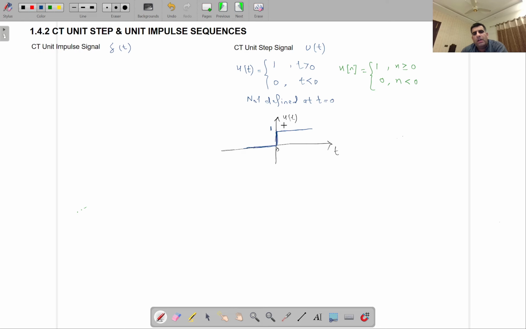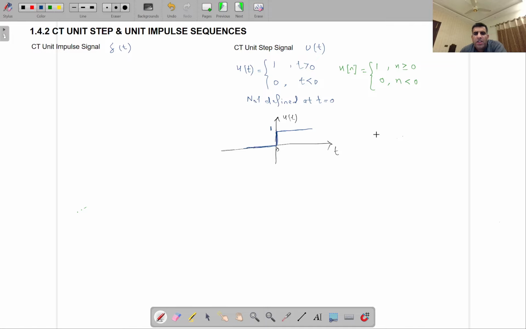Just like before, we are now going to look at how we can represent the unit impulse signal in form of the unit step signal, or the unit step signal in form of the unit impulse signal. Just like before, we have seen this expression, and I'm going to write it again over here.